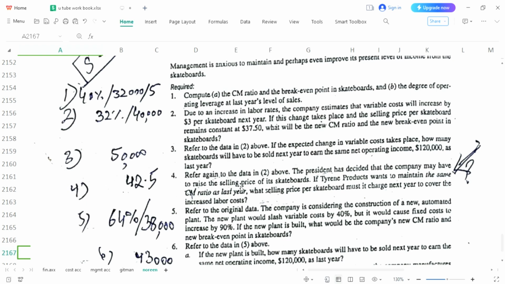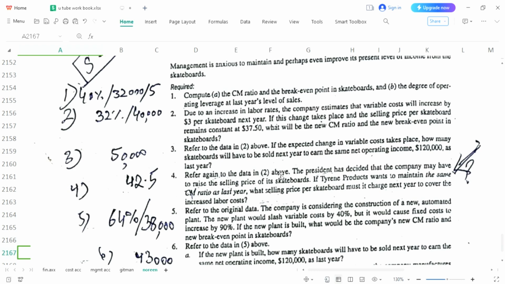But the owner of the organization wants to change the sale price so that this ratio would become again from 32% to 40%. Listen again, I will repeat it. Initially you were having 40% as your CM ratio. But due to increase in variable cost, your CM ratio has dropped from 40 to 32.